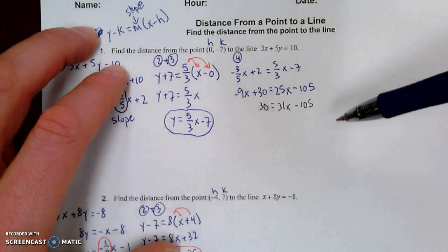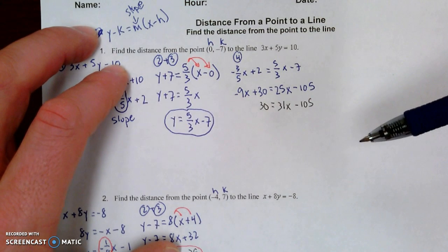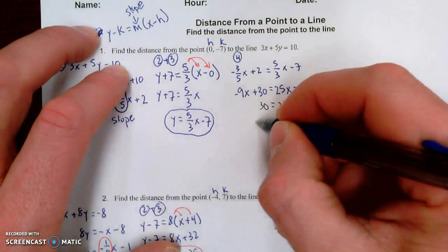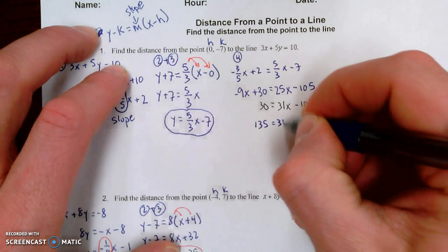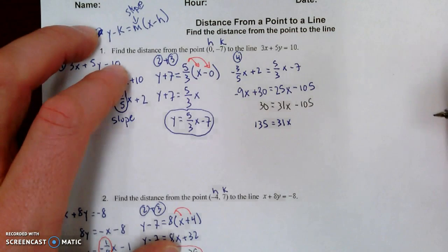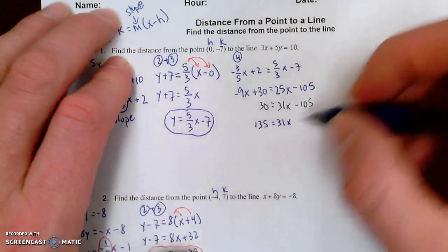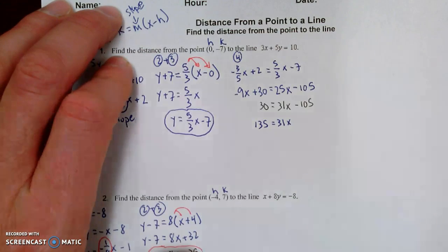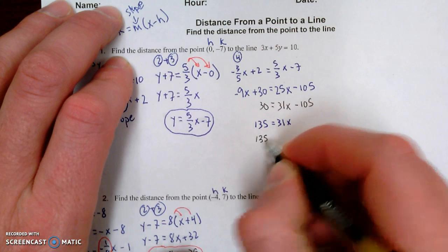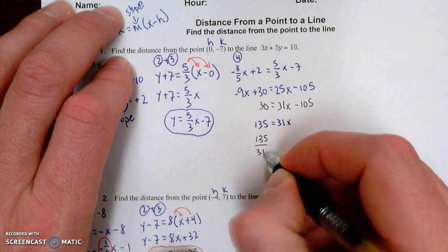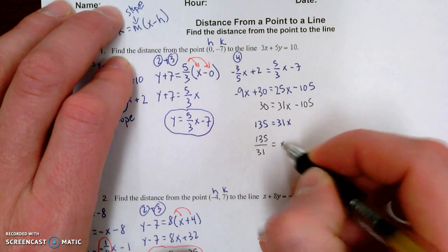And then I'm going to add 105 to both sides, and we're going to end up with 135 equals 31x. Now, to get the answer, we're going to have to divide by 31 on both sides, and that's going to give us 135 over 31 equals x.